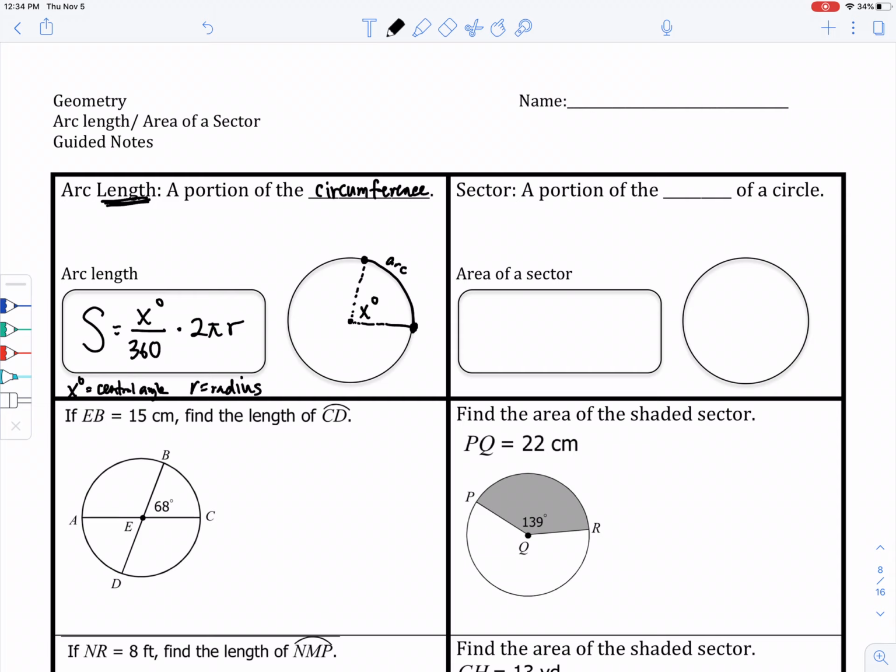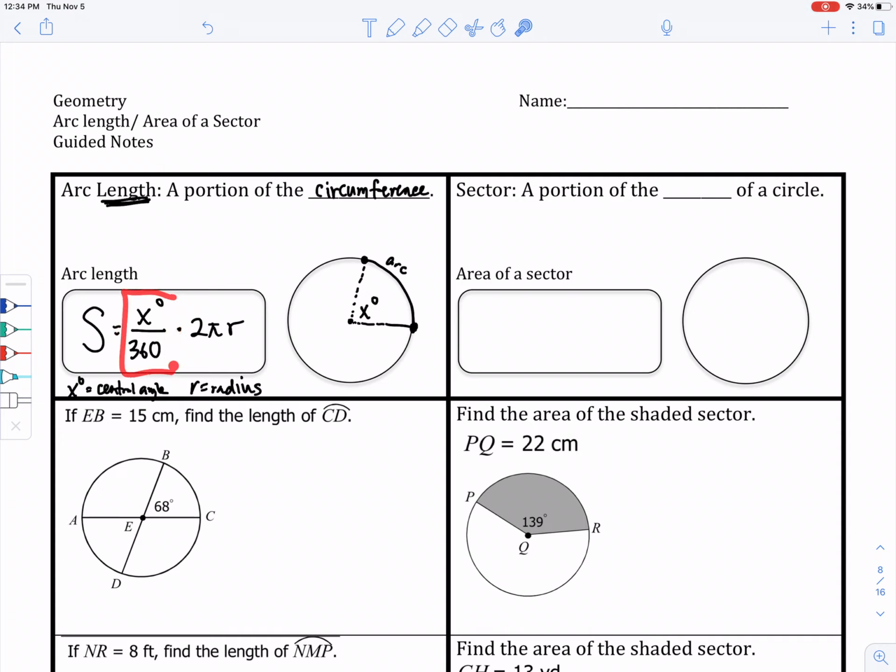So as you can see in the formula, you actually have the circumference formula that we talked about in a previous video. All we added to it was a fraction in the front of it, and that's what makes it a portion of a circumference.